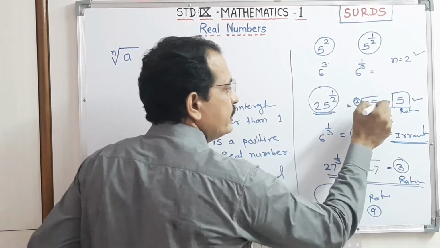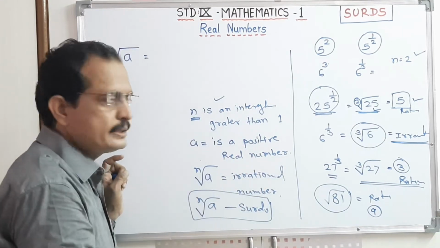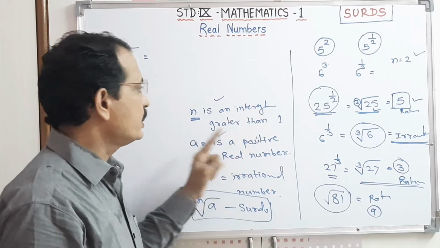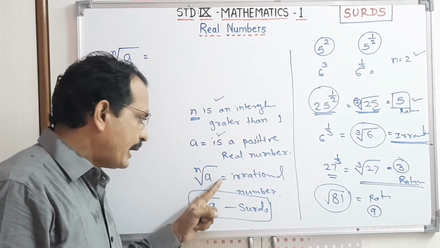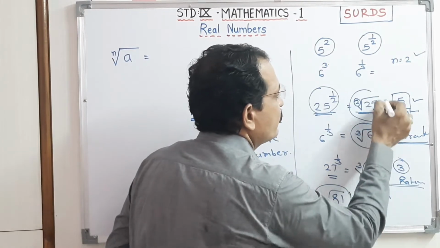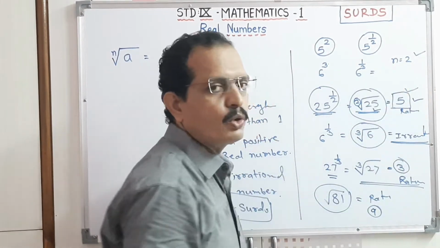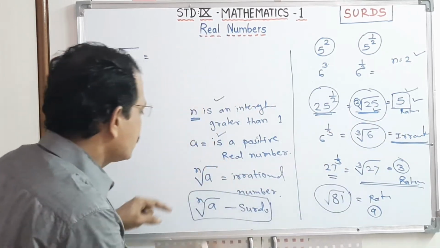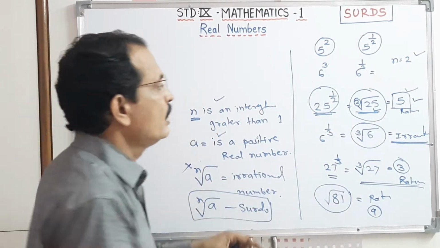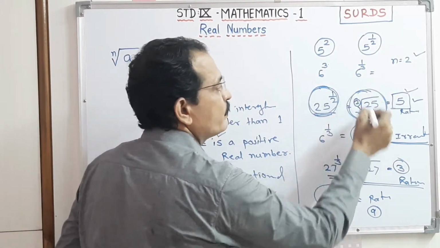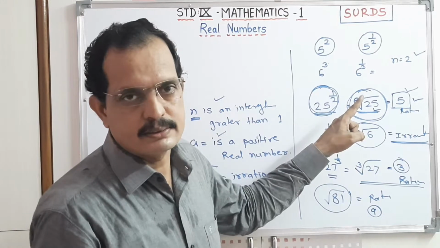This 25 is a positive real number. Yes, the second condition is also fulfilled. Now the third condition is that the number should be an irrational number. Now see here, the square root of 25 is 5, and that 5 is a rational number. That means this third condition is not followed, therefore the number 25 raised to 1 upon 2 or square root of 25 is not a surd.